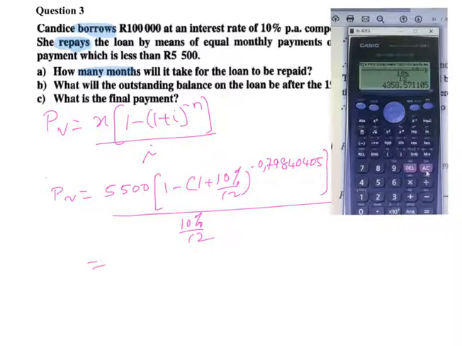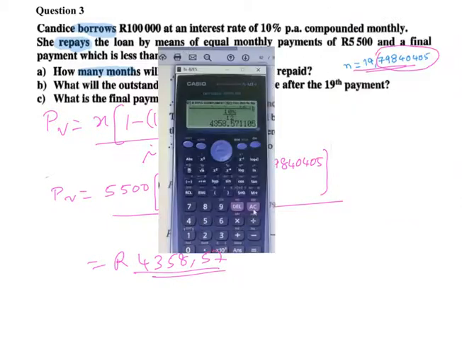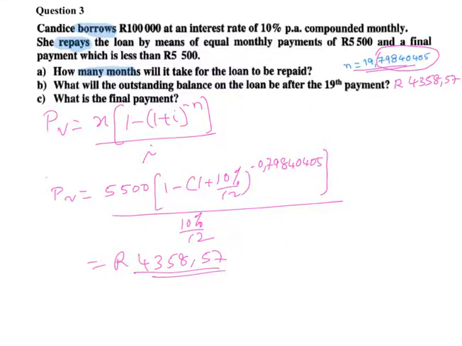I can round off here, that is 4358.57. So remember, this is the balance outstanding after the 19th month, after 19 repayments. I will write down that answer here. That is my R is equal to 4358.57.